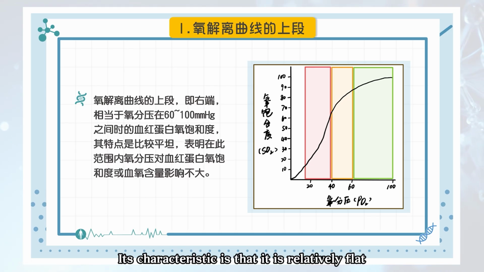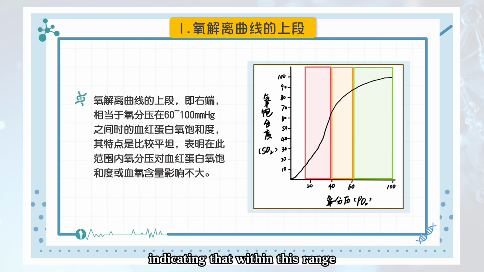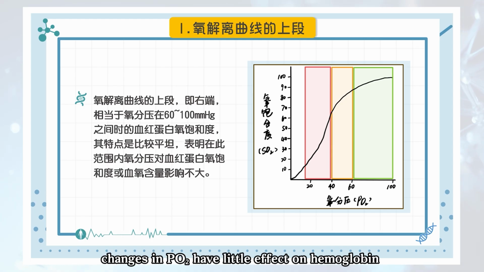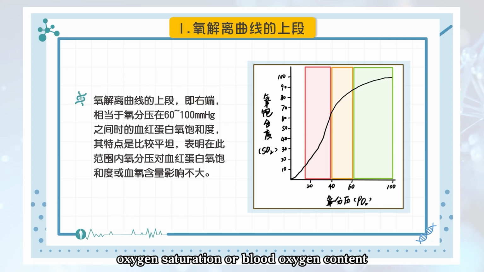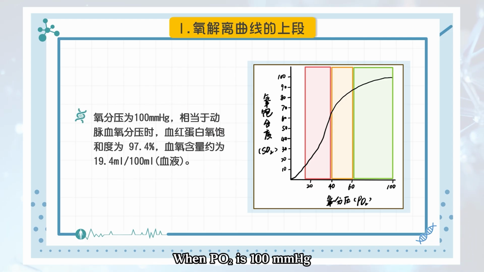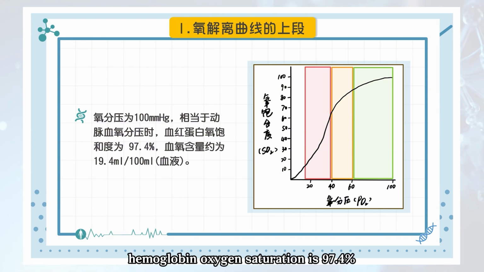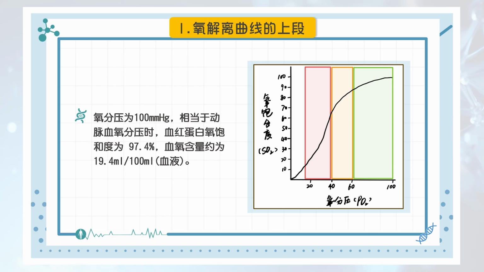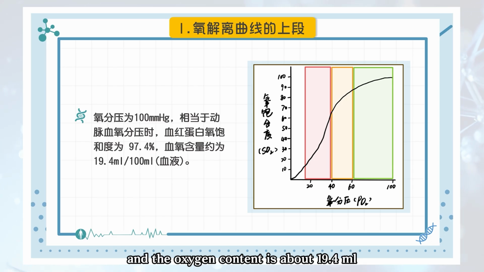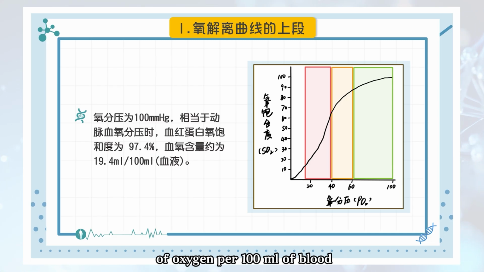Its characteristic is that it is relatively flat, indicating that within this range, changes in PO2 have little effect on hemoglobin oxygen saturation or blood oxygen content. When PO2 is 100 millimeters of mercury, equivalent to arterial PO2, hemoglobin oxygen saturation is 97.4%, and the oxygen content is about 19.4 milliliters of oxygen per 100 milliliters of blood.